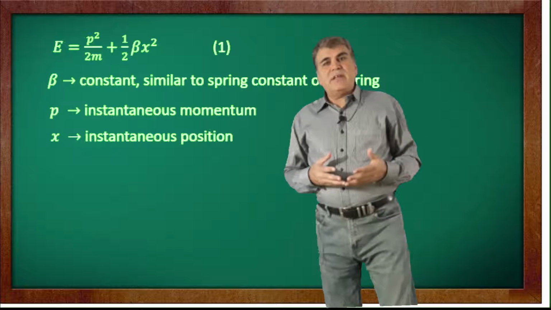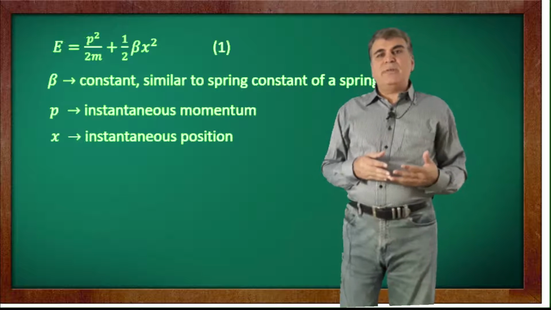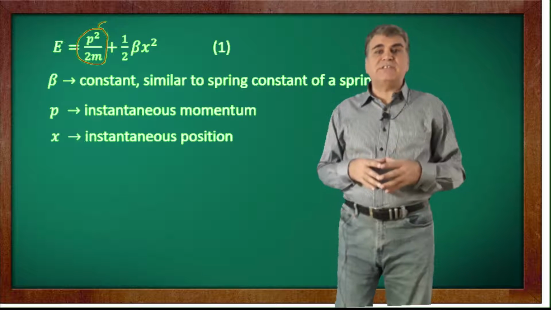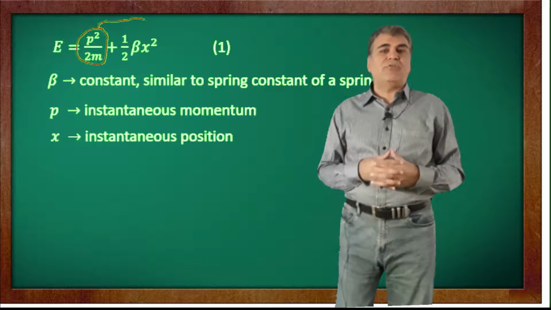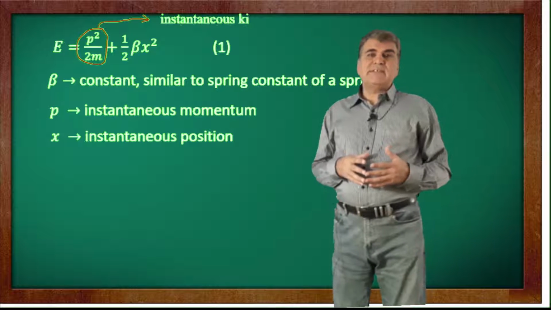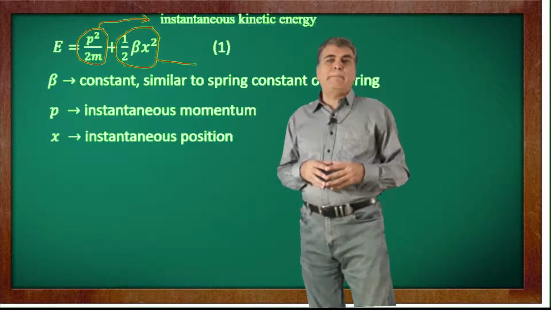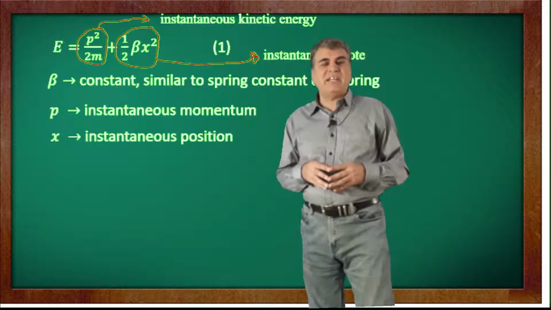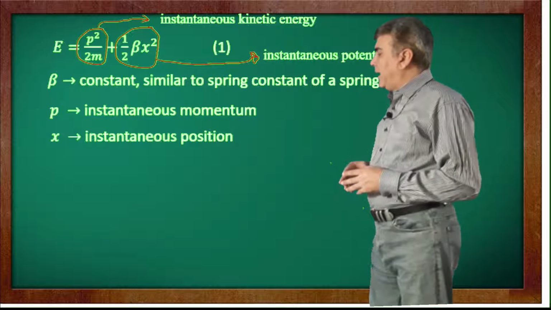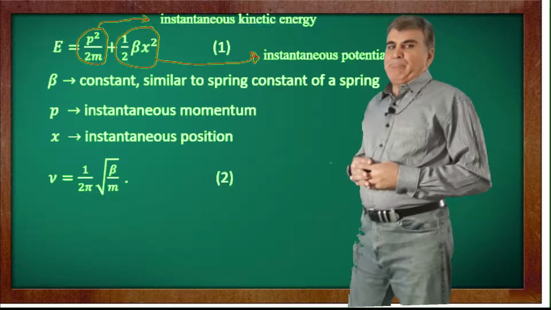So the first term in equation 1 in fact represents the instantaneous kinetic energy of the harmonic oscillator, and the second term represents the instantaneous potential energy. We also know from our college physics that the frequency of oscillation of a harmonic oscillator in terms of beta and mass m can be expressed in the form nu equals 1 over 2 pi square root of beta divided by m.